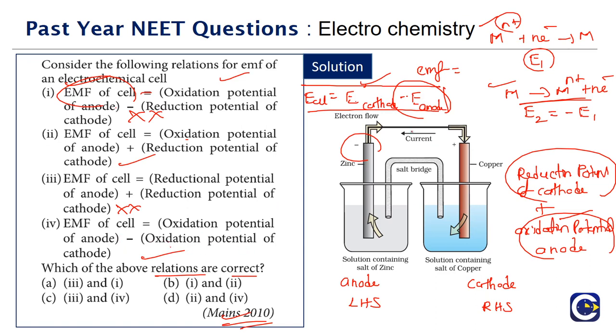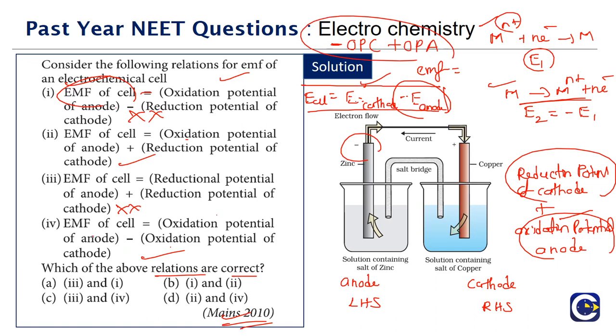See, if you look at this formula, what is this? Cathode reduction potential minus anode reduction potential. So if you try to express this in terms of oxidation potential, reduction potential of cathode means minus oxidation potential of cathode. Already we have minus reduction potential of anode, which means plus oxidation potential of anode. If you look at this formula, what is it?